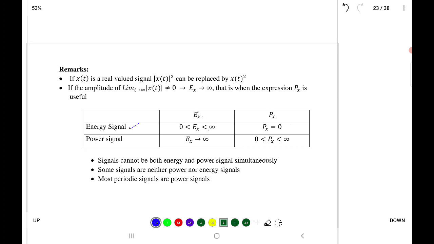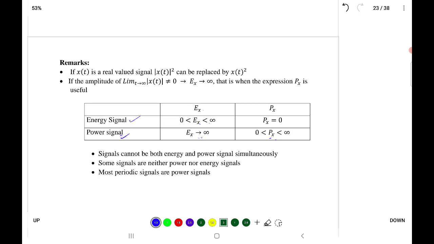But if you find that the energy is infinite and the power is finite, with a definite value like 100, then you call it a power signal. So simply, an energy signal has a finite value of energy, and a power signal has a finite value of power. What about neither? If the energy is infinite and the power is infinite, it's neither an energy signal nor a power signal.